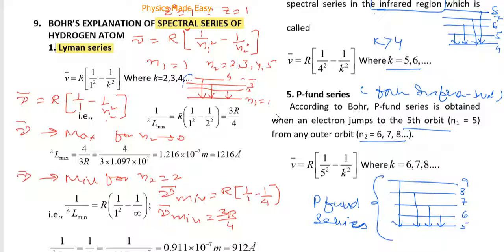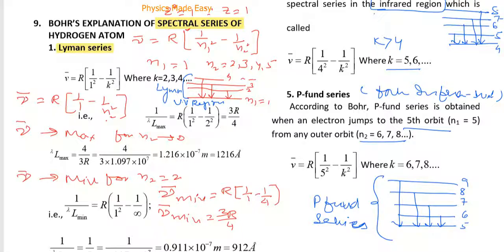This is Lyman, and this series is in the visible region. No, this is ultraviolet. UV region, not visible region. This is in the UV region of the electromagnetic spectrum.